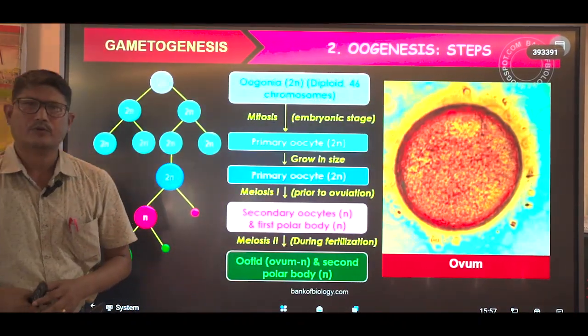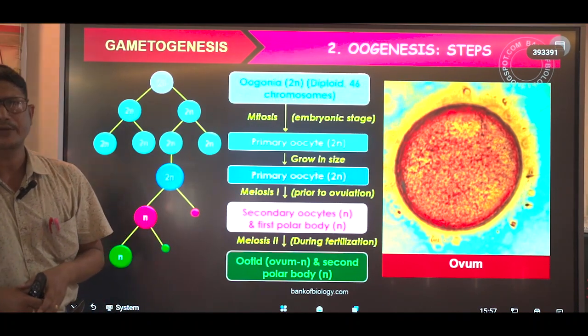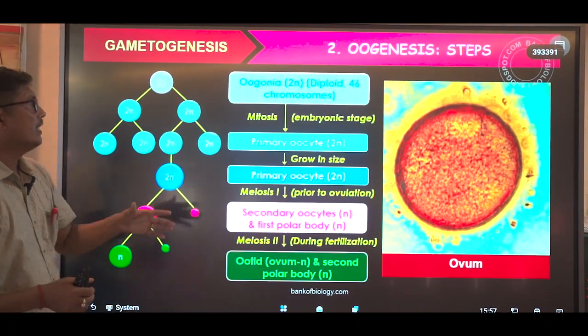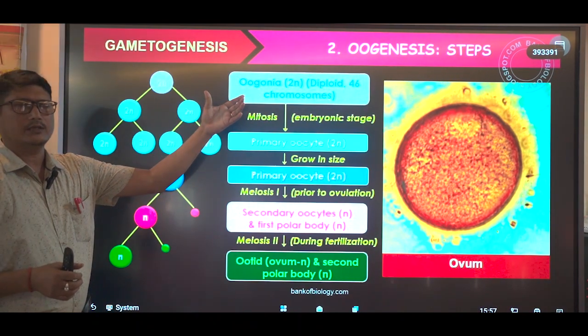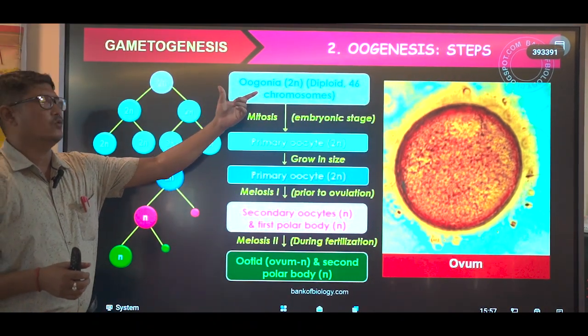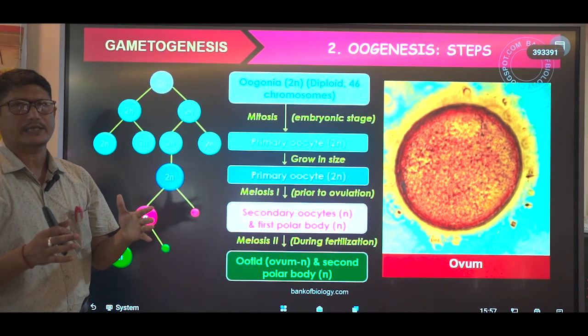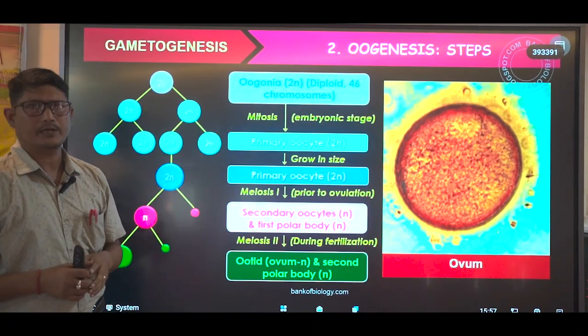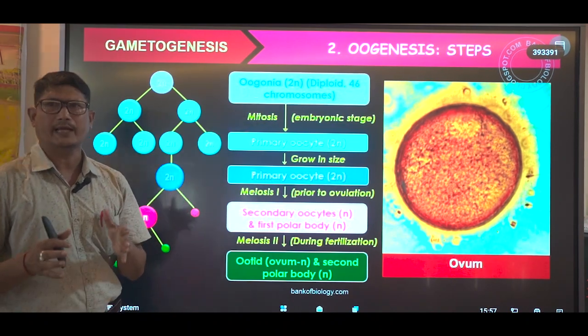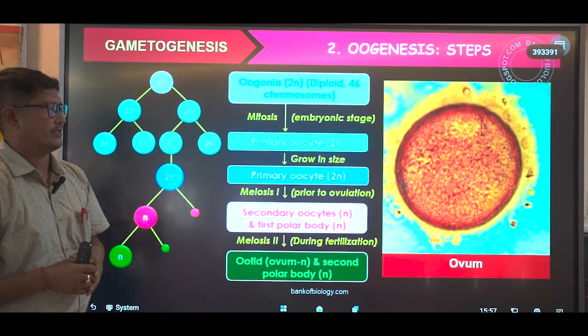Now let us see the process of oogenesis in the female reproductive system. Primarily the germ mother cells, that is the oogonia, are diploid cells. They have 46 chromosomes, and the chromosome number is also represented as 2n because it is a diploid cell.